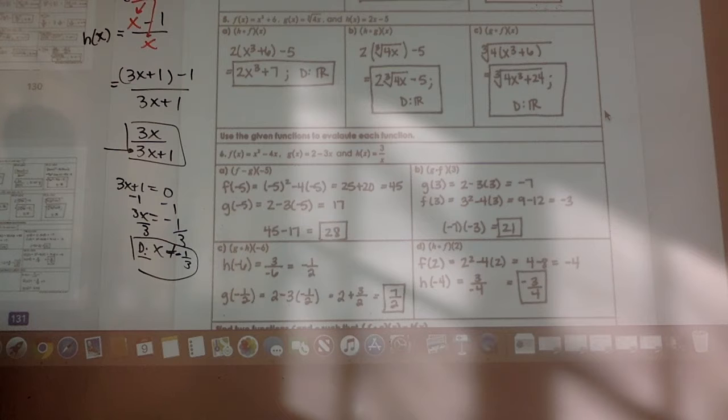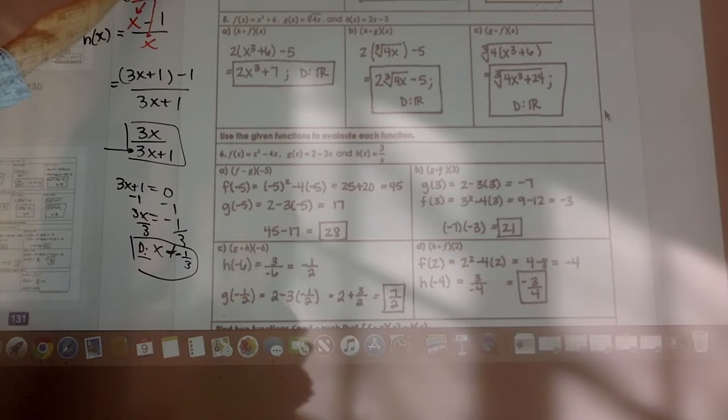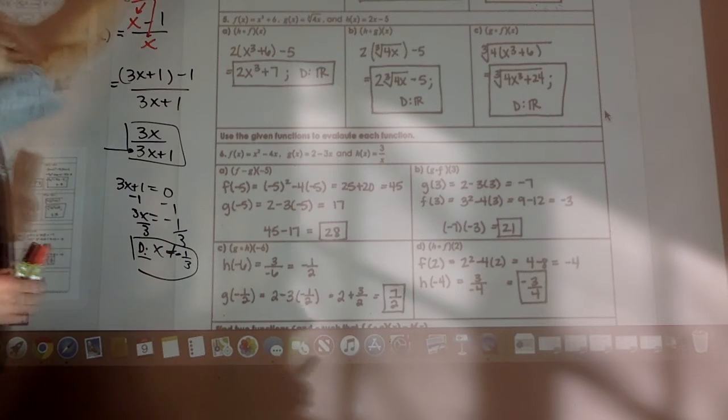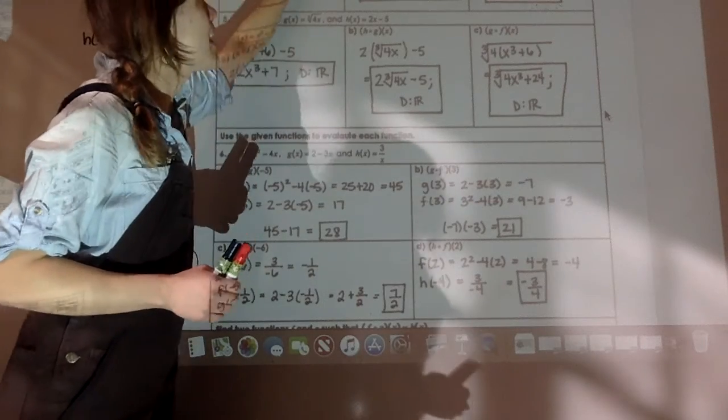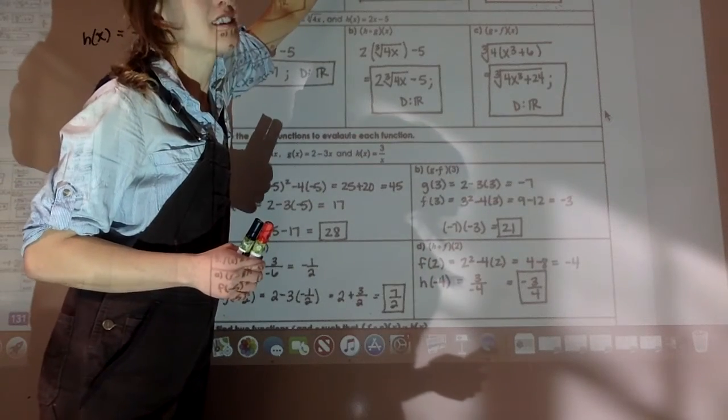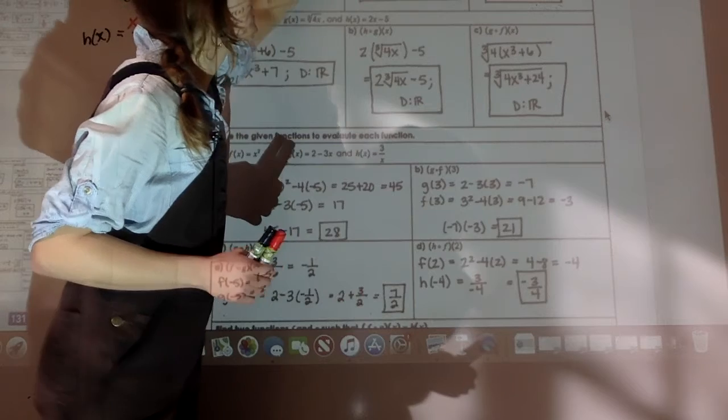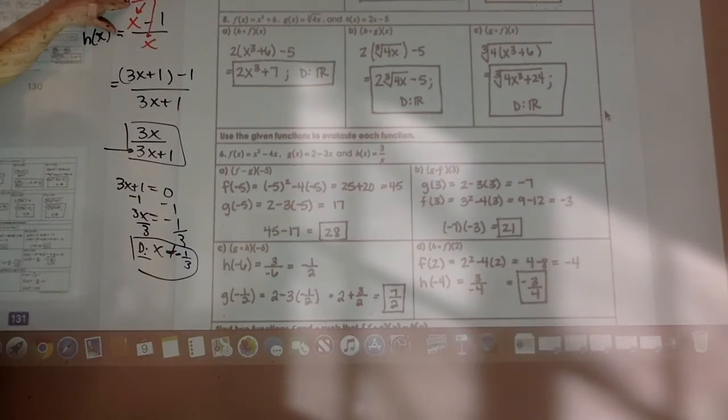So you distributed the numbers into the x's. Yep, exactly. So what this tells me to do is I'm taking g of x and I'm sticking it in for the x's within the h function. So this, I read it as h of g of x. So I take the g of x function, and that becomes the x in the h function. So I'm taking this 3x plus 1, and that's what I'm going to plug in for my x values in the h function.